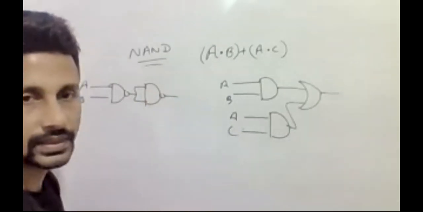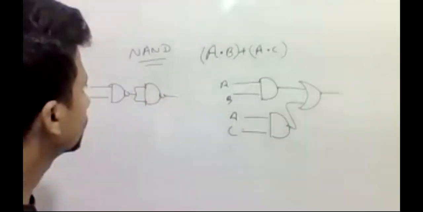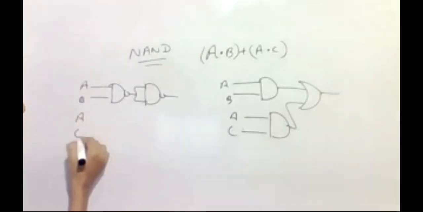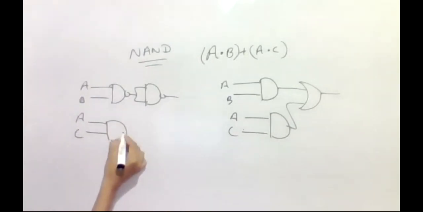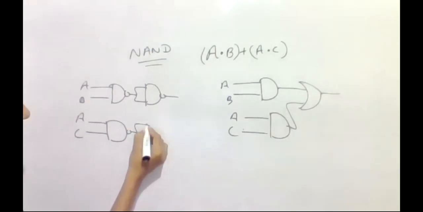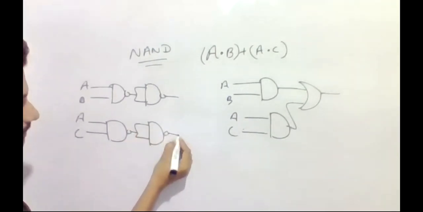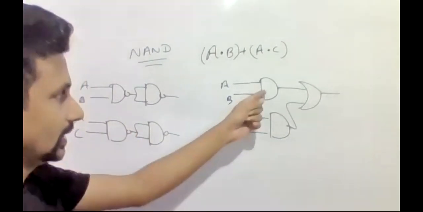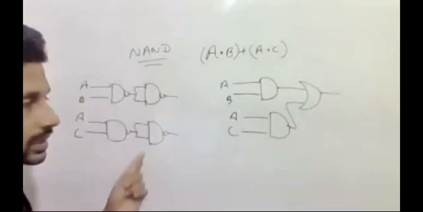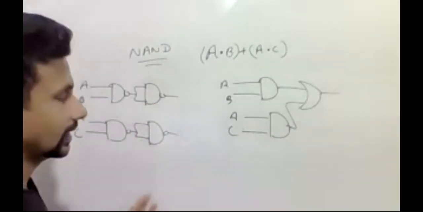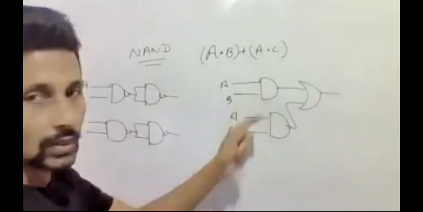Right? This is how an AND gate can be represented. So AB and AC given, I am taking two NAND gates each, like this, right? So these two AND gates have been represented with these four NAND gates. Okay.